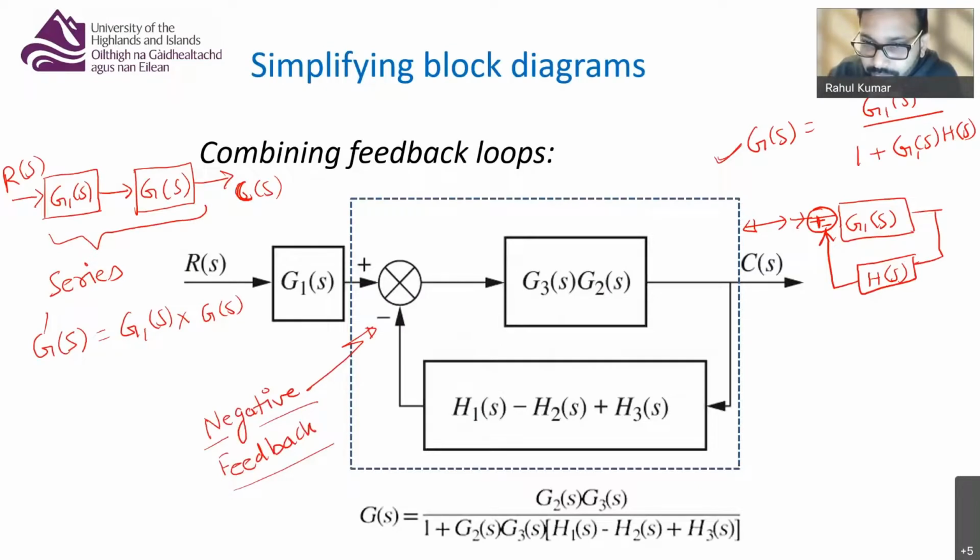So the gain of the first block was G1, and all together they have an equivalent gain of Gs, which is given by this equation. So I've simply multiplied G1 with this equation, the equivalent transfer function of the closed loop system.